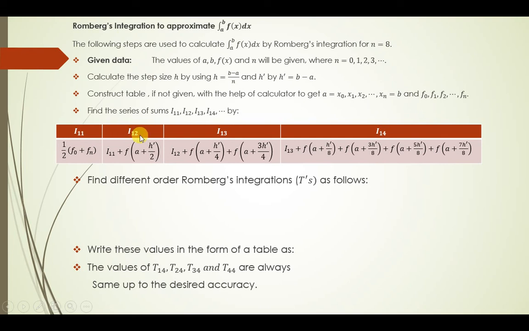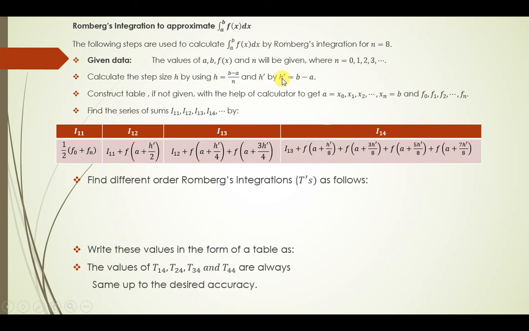Secondly, I12 will be calculated by this formula: I11, which you have obtained from here, plus f of a plus h prime by 2. Here f is the function f of x, so we need to replace x by a plus h prime by 2. What is h prime?